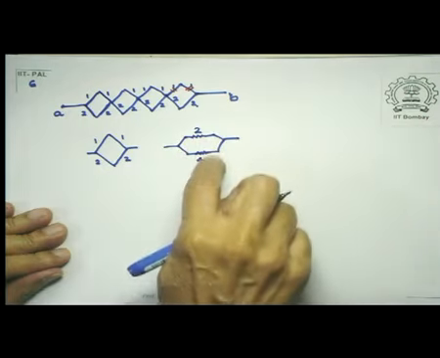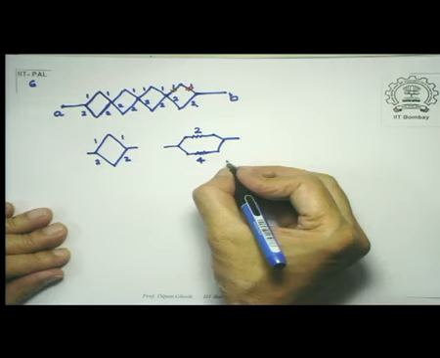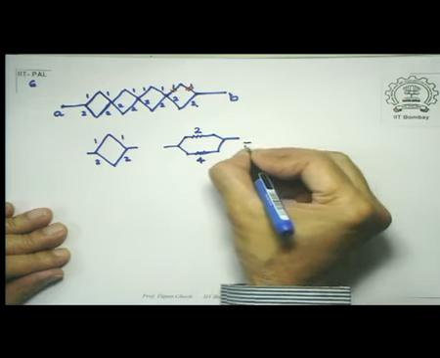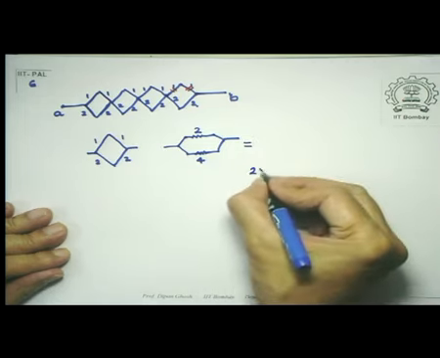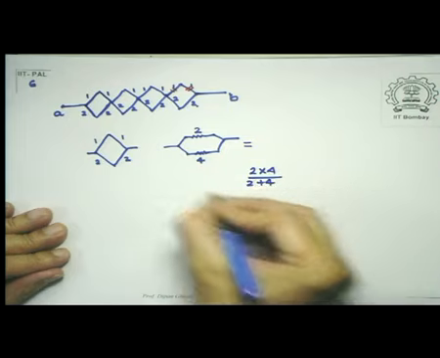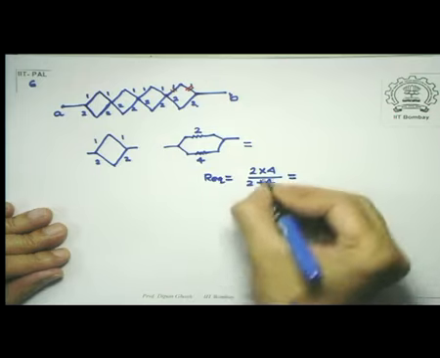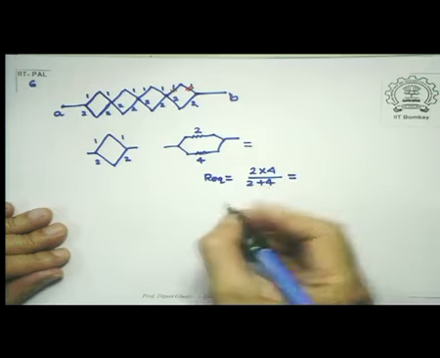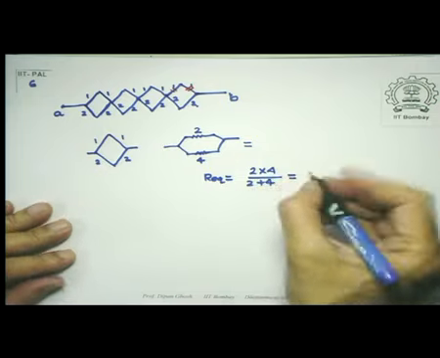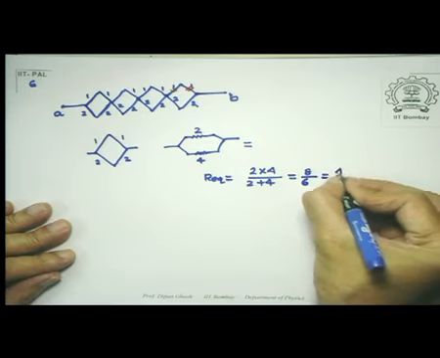Since 2 ohms is in parallel with 4 ohms, I get the equivalent resistance to be equal to 2 into 4 divided by 2 plus 4. So that is equal to 8 by 6, which is equal to 4 by 3 ohms.